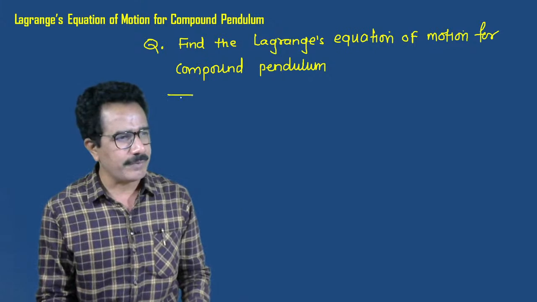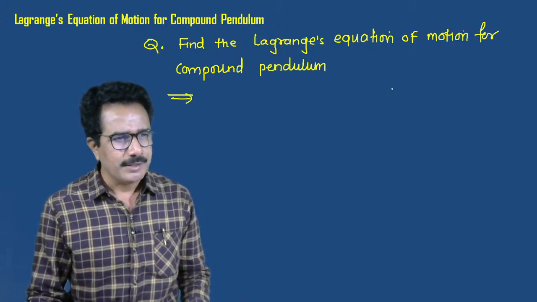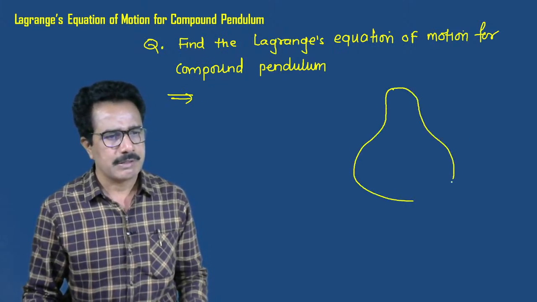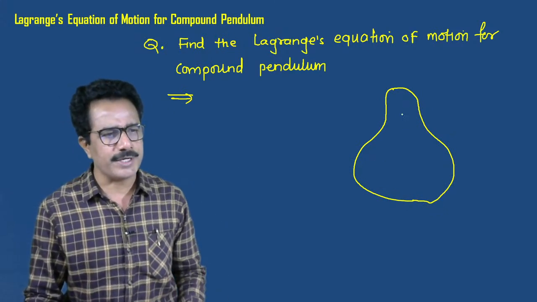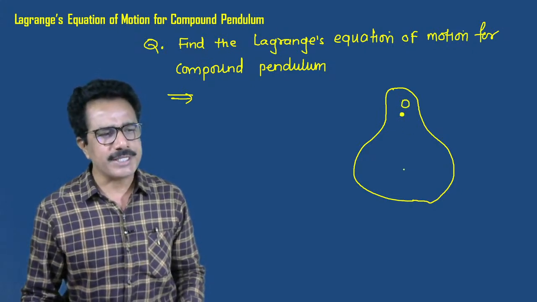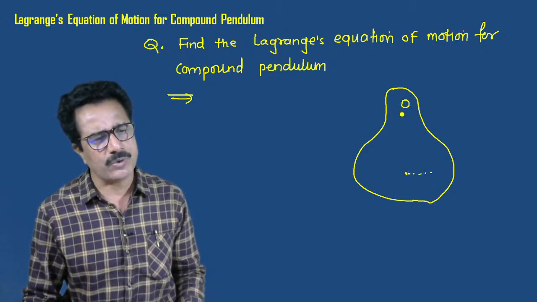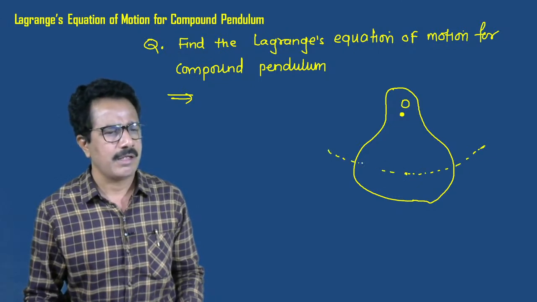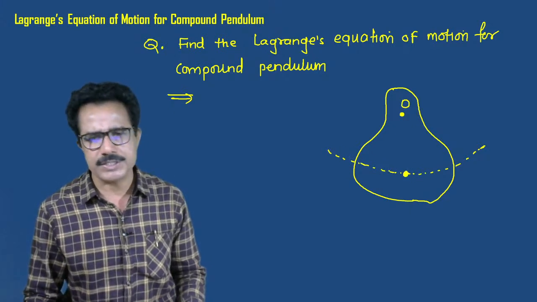Before this, first of all, we shall draw the diagram. Suppose this is a rigid body. If this rigid body oscillates about this point, suppose the fixed point is O, and this body oscillates in this way, then each and every point is going to oscillate.